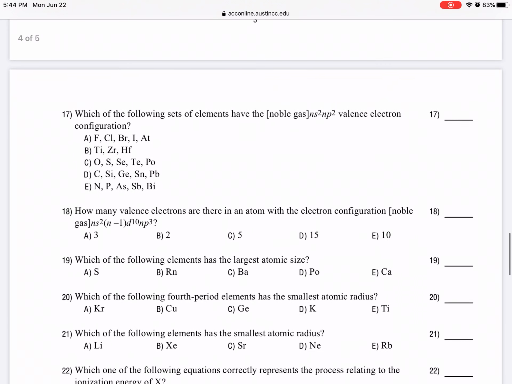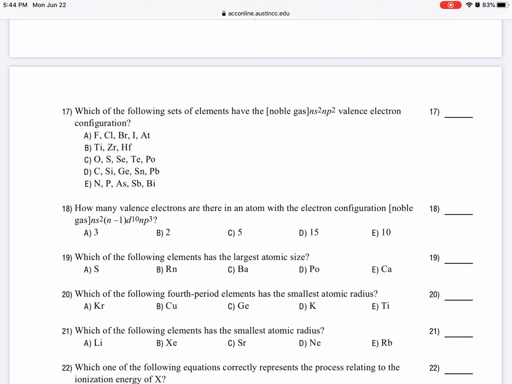And then the next one, which of the following sets of elements have the noble gas ns2, np2 valence electrons? Now if it is ns2, np2, okay, what is the group number for that?